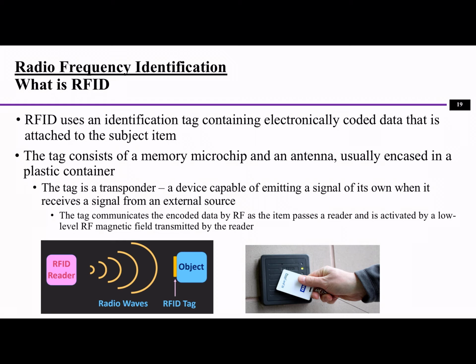It is also activated by a low level radio frequency magnetic field transmitted from the reader. So that's how it communicates, as you can tell from the image. The RFID reader emits a signal, and then the RFID tag on the object will receive that. So this is how it communicates.